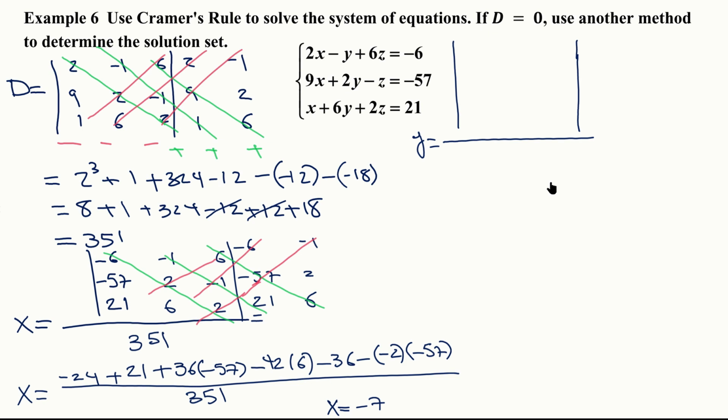So 2, 9, 1, negative 6, negative 57, 21 instead of the y coefficients, and 6, negative 1, 2 stays for the z coefficients. All right, so it does pay to quickly make sure you've done this correctly each time, right?